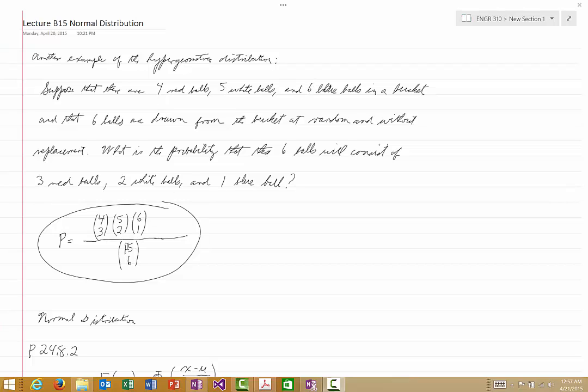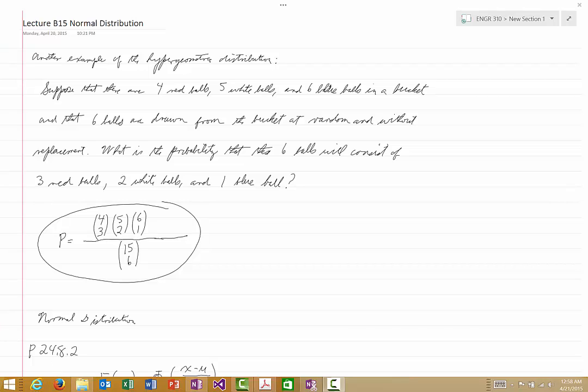So we have a total of 15 balls, but we're choosing 6 of those. So altogether, there are 15 choose 6 ways in which we could choose 6 balls without replacement from 15 balls. That's all the ways in which we could choose 6 balls, again, from 15 without replacement.